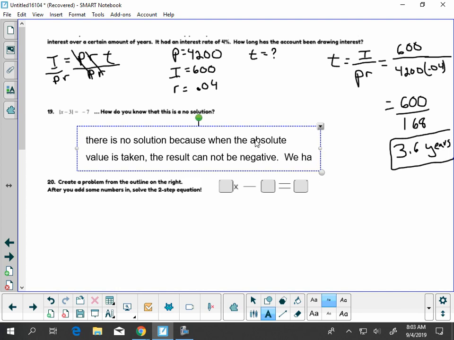We have a negative 7, and that's not possible.